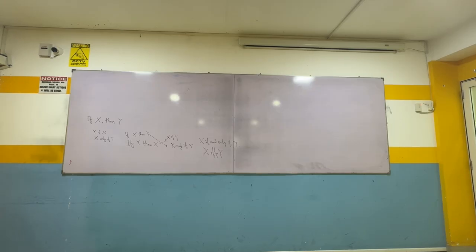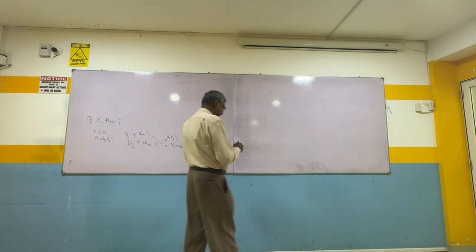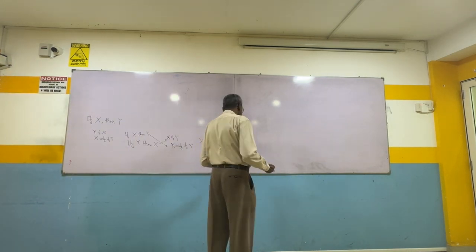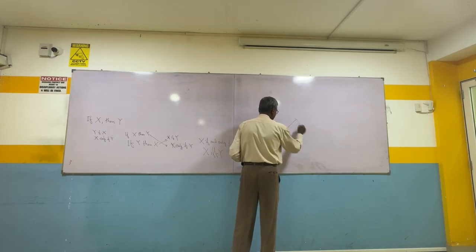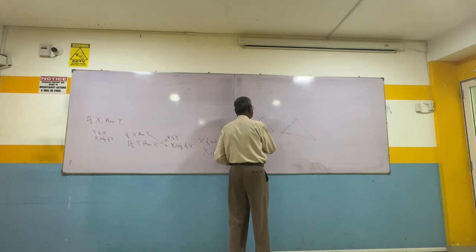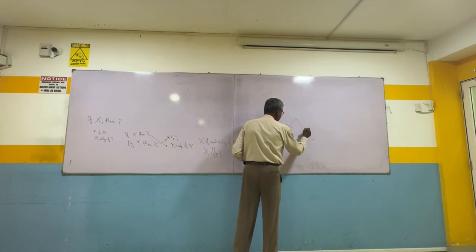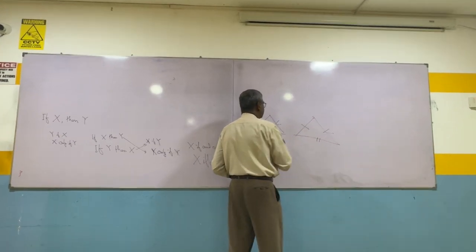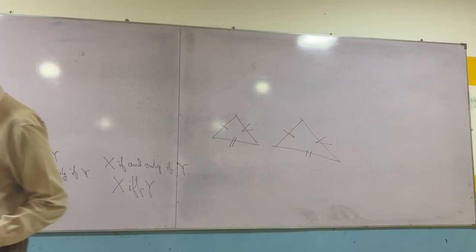Then here in chapter 2, can you see, sometimes we say, for instance, when it comes to congruence of triangles, if you take two triangles like this, if this side is equal to this side and this side is equal to this side, we say these two triangles are congruent.